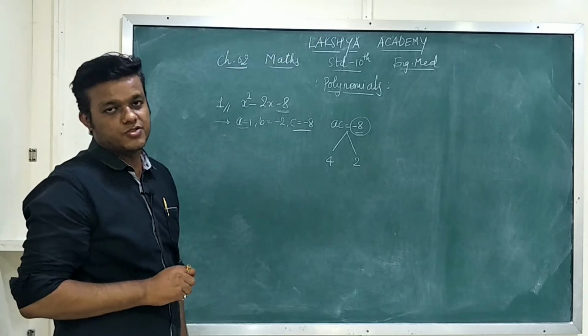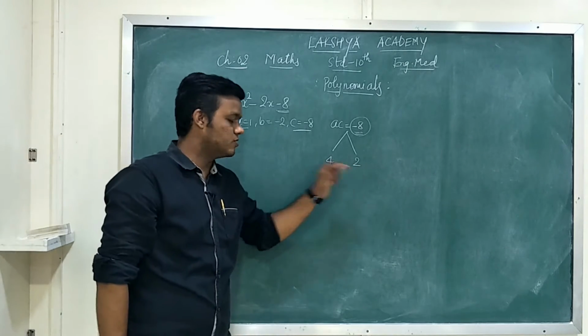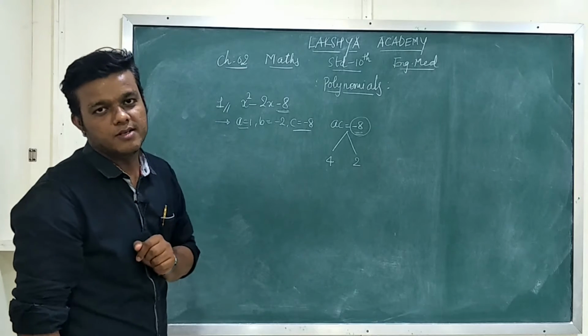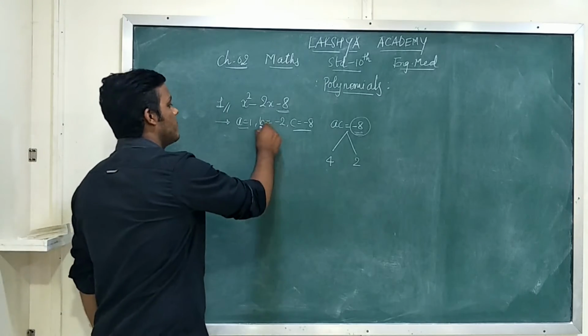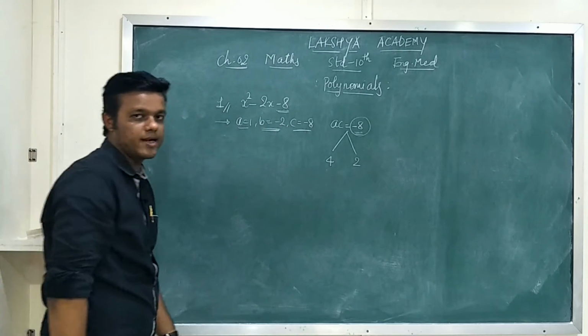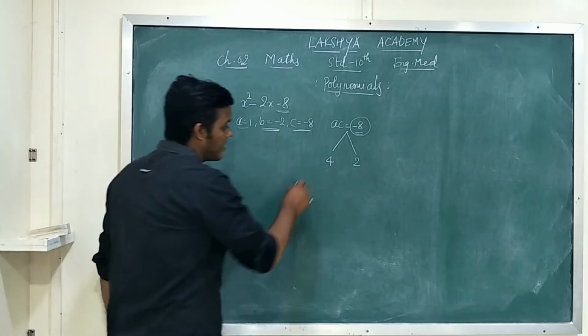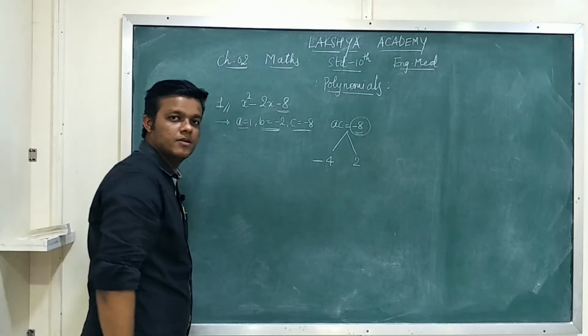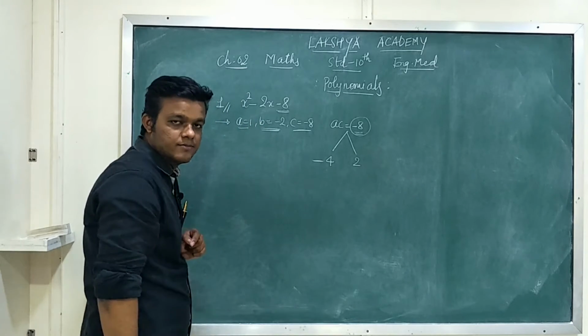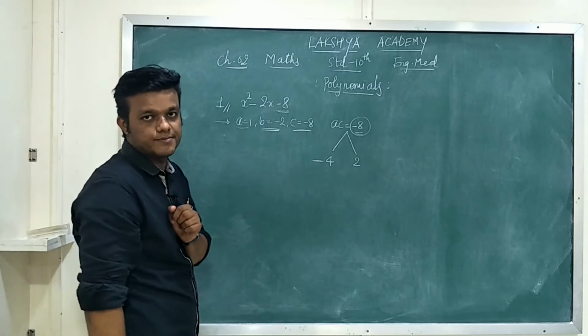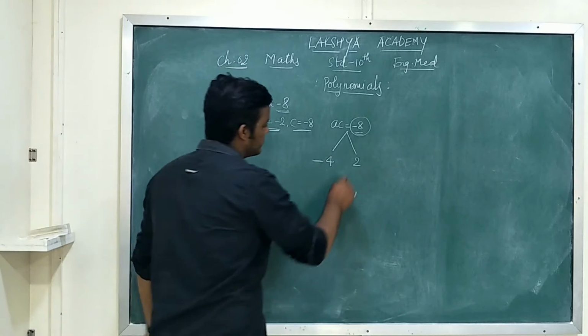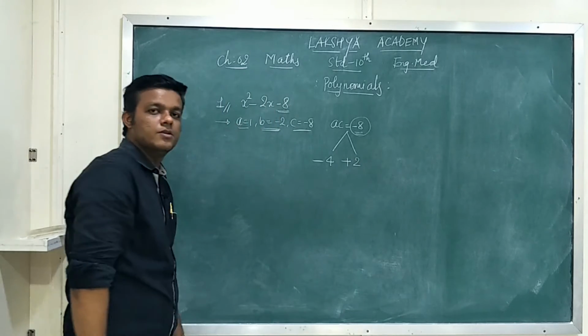Now to whom should we put negative and to whom positive? Then you will have to focus on b, what you want to get. If you want the minus number, then your bigger number should be minus. And if you want a positive number, then your bigger number should be positive, right? So minus 4 and plus 2.